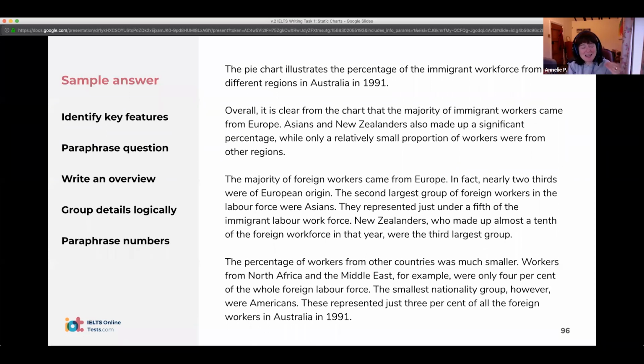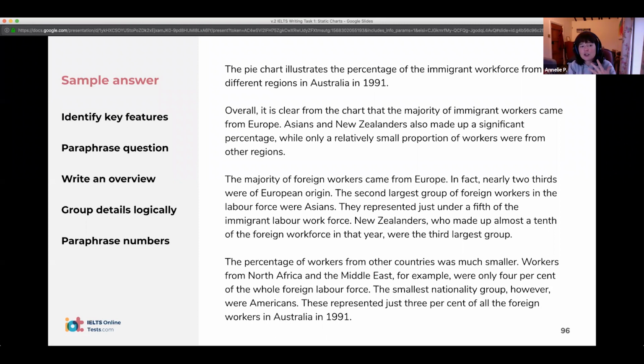So there's some of the key information there. Remember, first of all, identify the measurements and the key features. Introductory sentence. You want to paraphrase the question, some of the words in the question, not everything. Overview, very, very important that it's clear, so a separate paragraph.